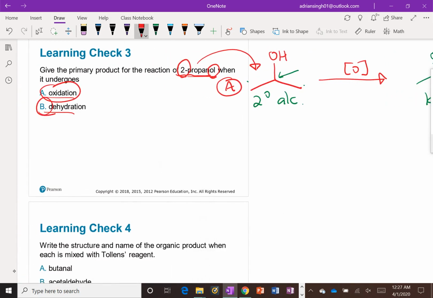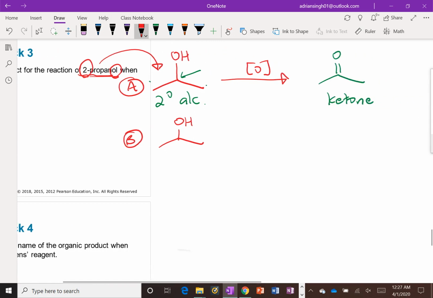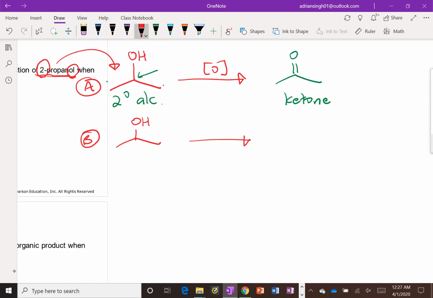For B, we're going to dehydrate it. So we have our alcohol, and we're going to dehydrate it. That typically means we need an acid catalyst and we need heat in order for this to happen.